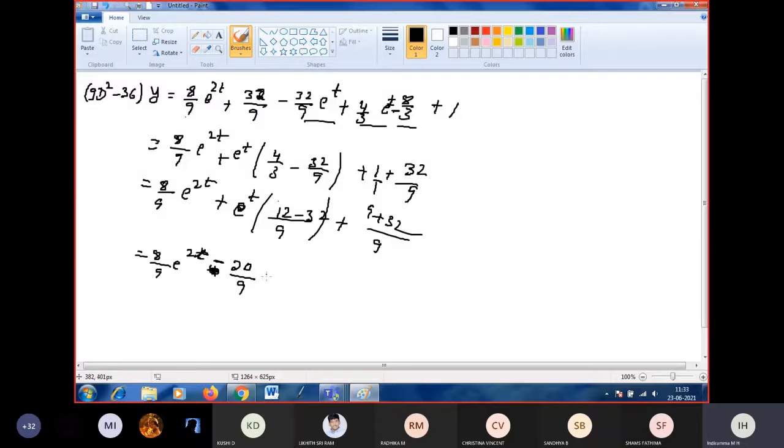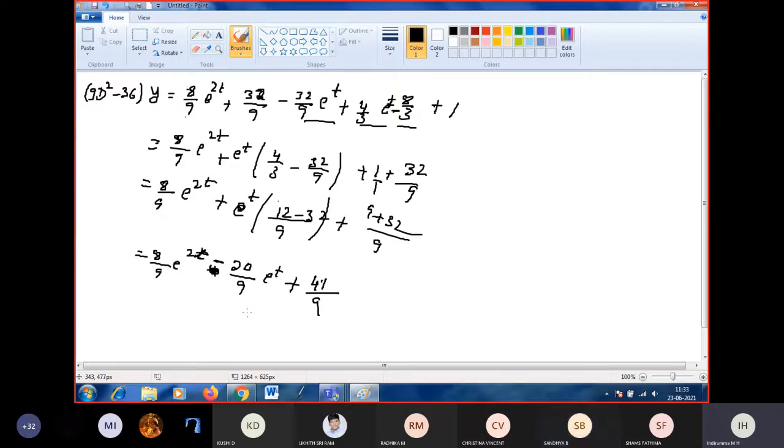Minus 20 by 9 e power t plus what? 41 by 9. 41 by 9.